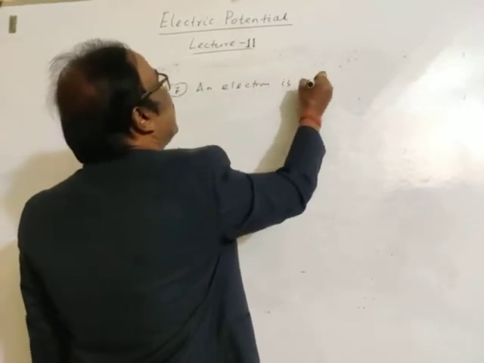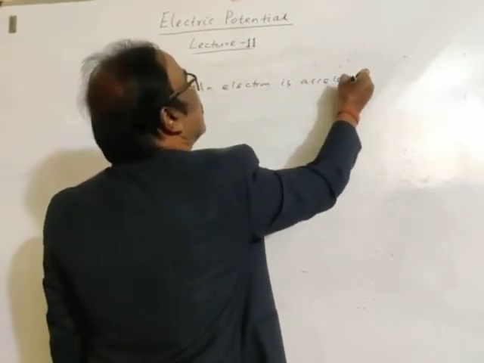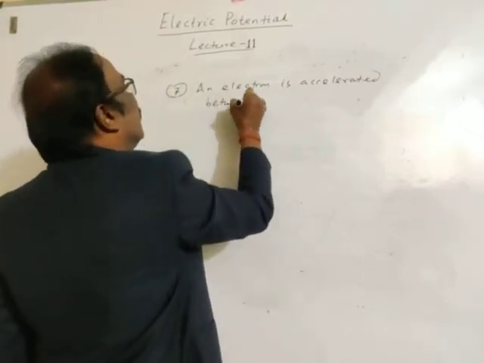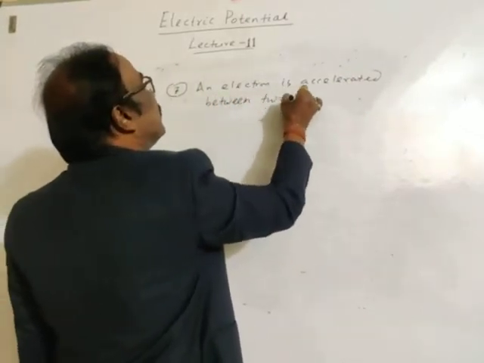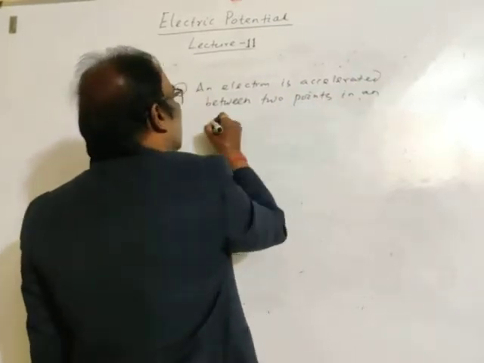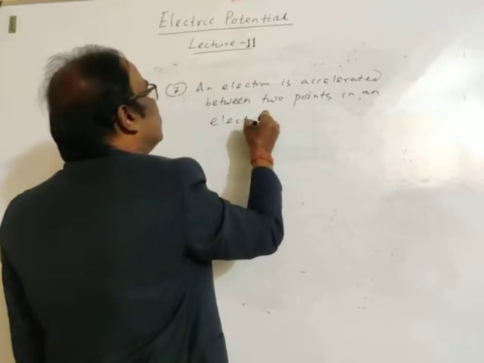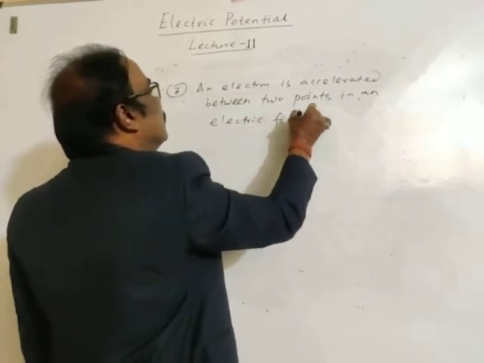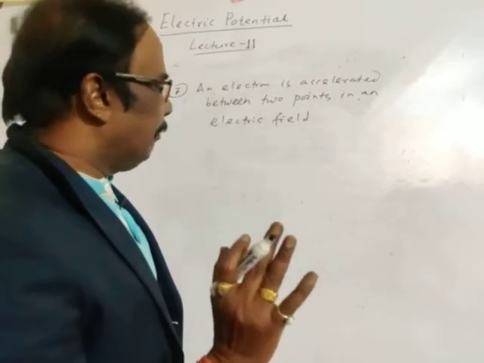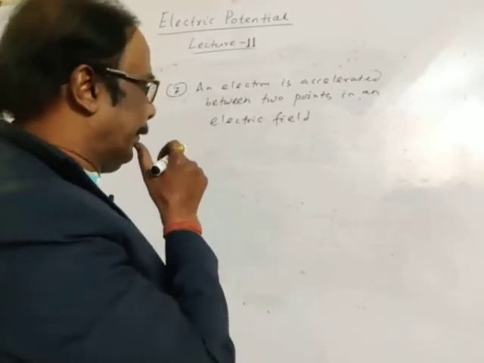An electron is accelerated between 2 points in an electric field, okay.